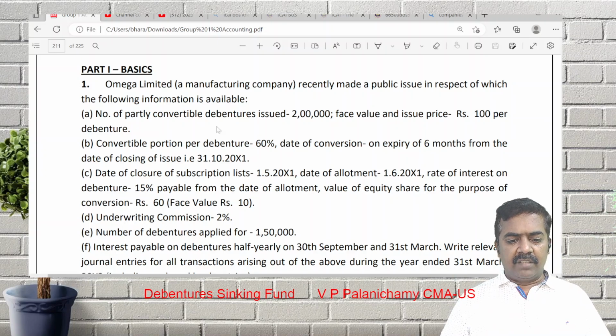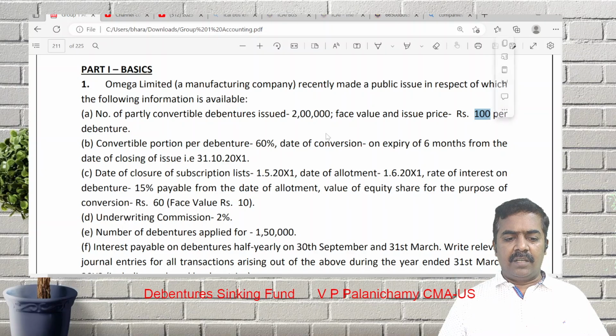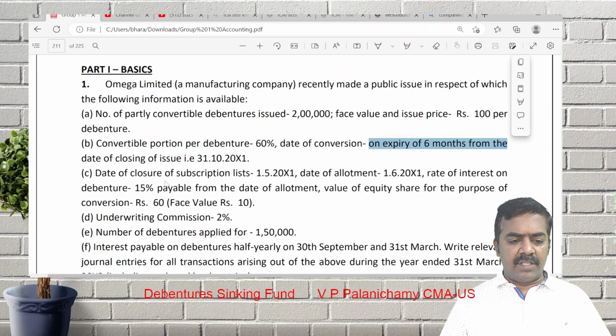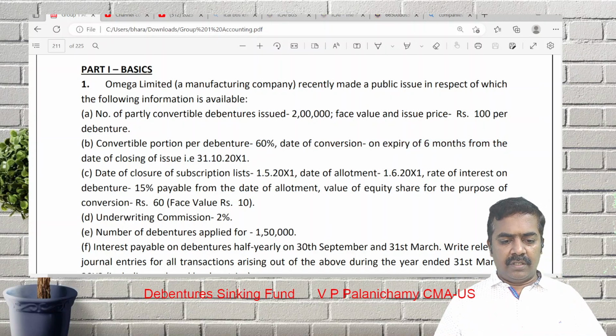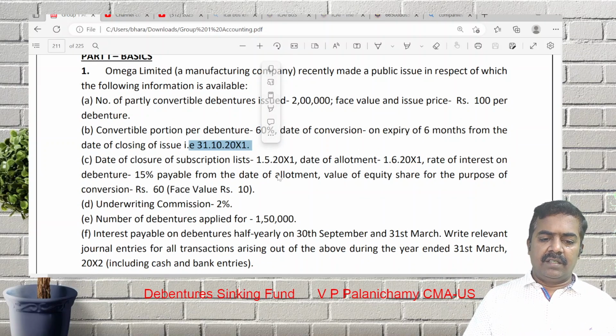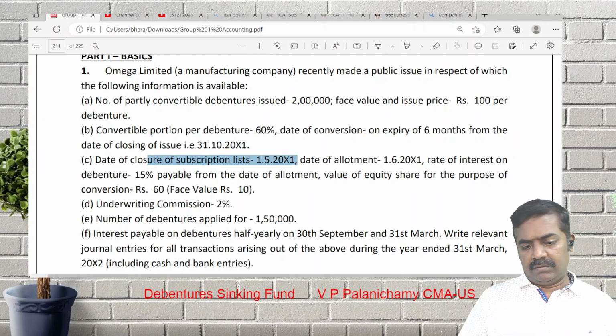Number of partly convertible debentures issued: 2 lakhs. Face value how much? 100 per debenture. Convertible portion of the debenture is how much? 60%. The date of conversion is on the expiry of 6 months from the closure of subscription, given as 31st October 2011. Date of closure of subscription is 1/5/2011.